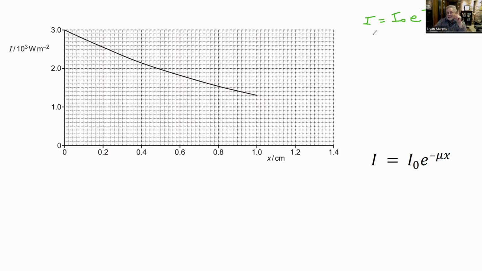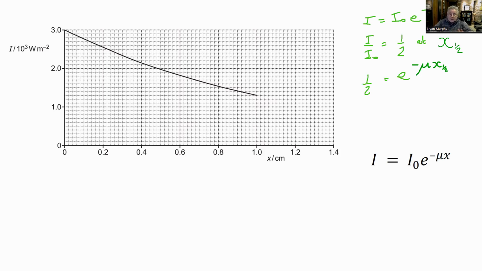I'm going to say that at the half thickness, I over I naught equals a half, at x a half, the half thickness. So let me shove that into my formula. So I have a half equals e to the minus mu x a half, like that.